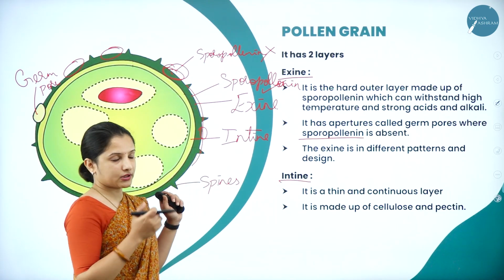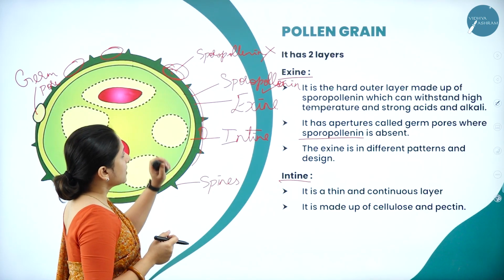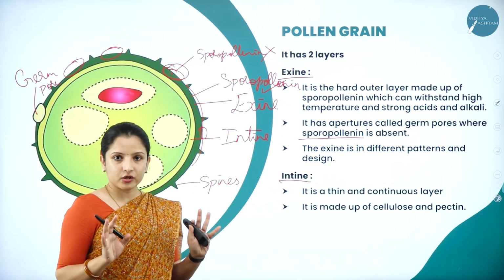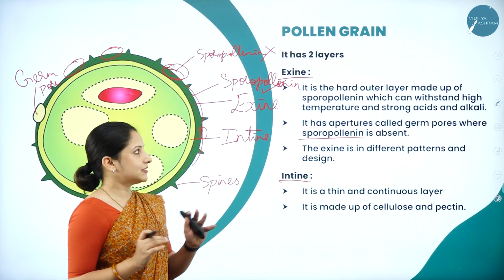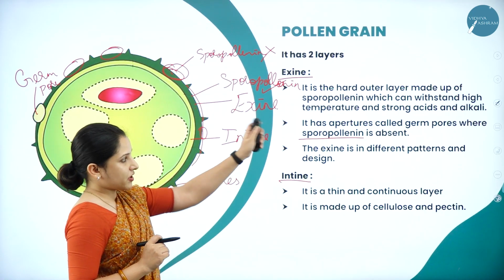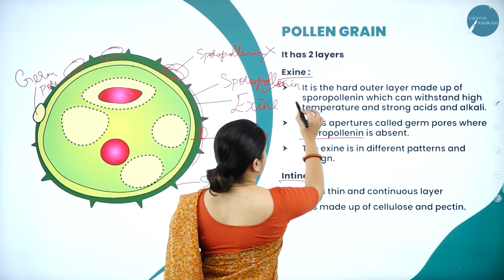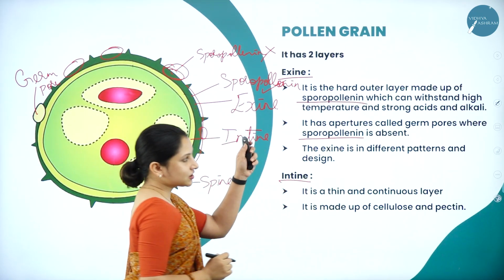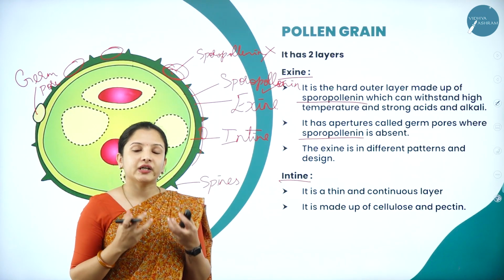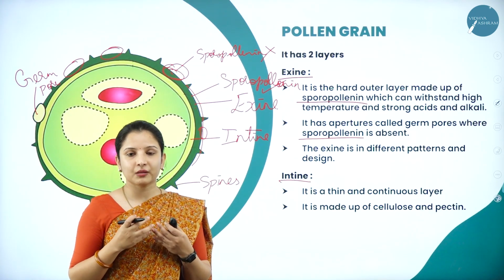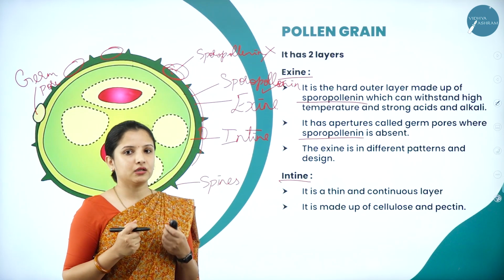For that, germ pores help. And apart from that, wherever the germ pores are not present, on the exine, there is a special material that is present. It is called sporopollenin. This sporopollenin is a very tough chemical compound.